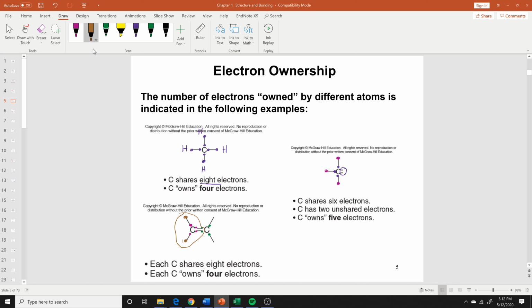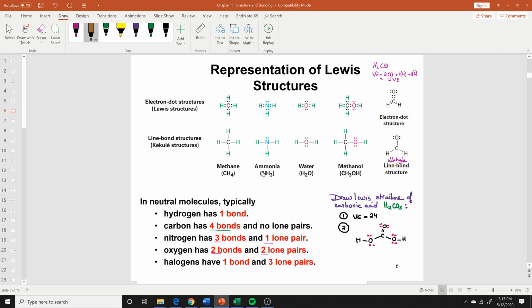The double bond has 4 electrons because each pair of electrons is a bond. So each one is a bond over here. So this carbon is going to be 8 electrons, and this carbon over here is also going to be 8 electrons. So both are going to be 8 electrons.